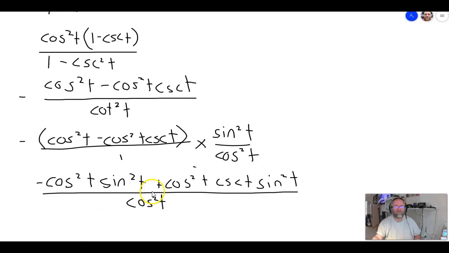Really I only have two terms here, because there's only one plus. So I can cross out cosine squared of t from all of those terms.